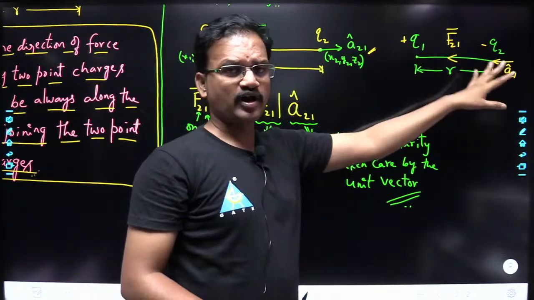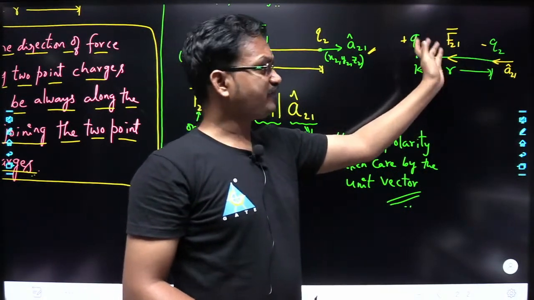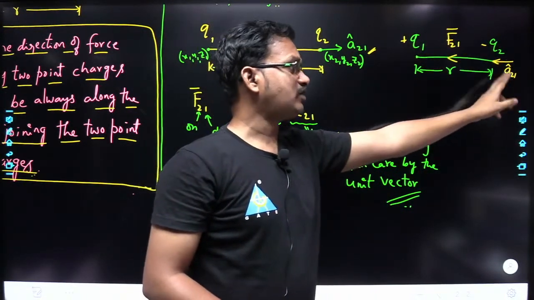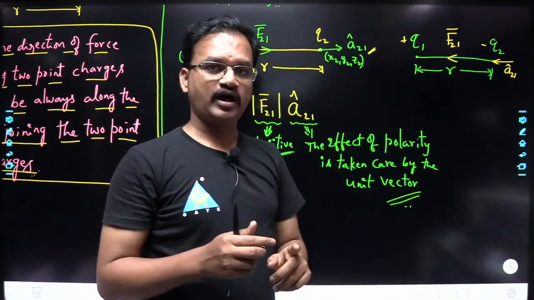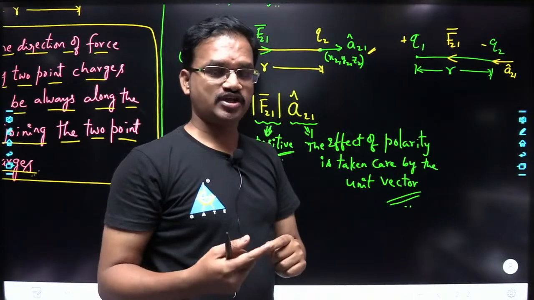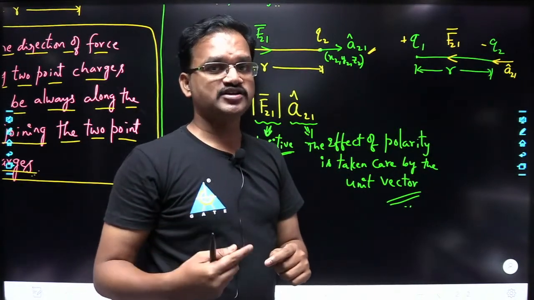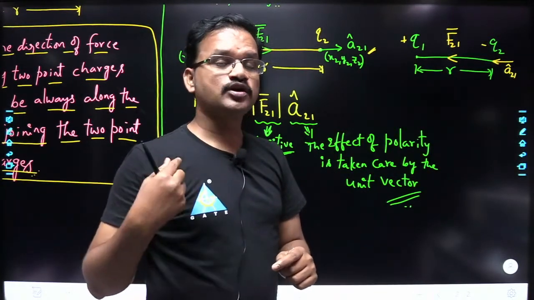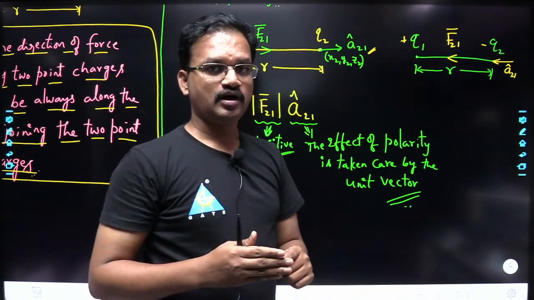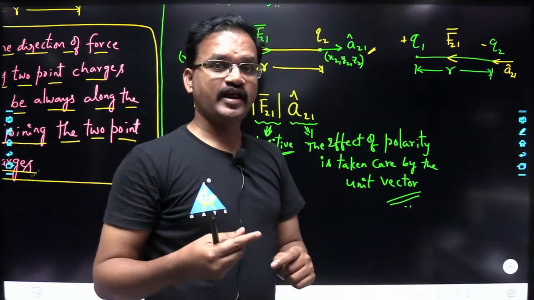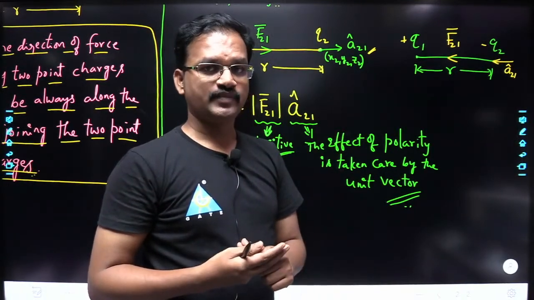Because the polarity is changed. So the effect of polarity will be taken care of by the unit vector, because whenever you change the polarity, the direction is going to change, and we always represent the direction with the unit vector. Hence the unit vector always takes care of direction, and hence it takes care of polarity.